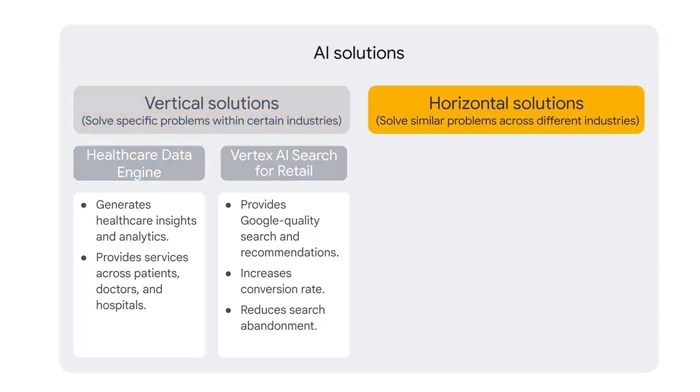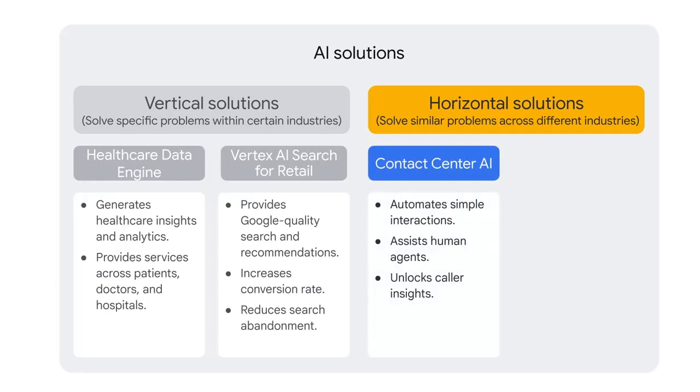Horizontal solutions, in contrast, usually refer to solutions that solve similar problems across different industries. For instance, Contact Center AI, or CCAI, aims to improve customer service in contact centers through the use of artificial intelligence. It can help automate simple interactions, assist human agents, and unlock caller insights.